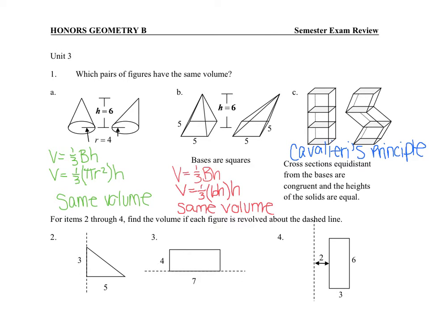And Cavalieri's principle says that given 2 solids that are included between 2 parallel planes, these being our parallel planes, if every plane parallel to the 2 planes intersects both solids in cross-sections of equal area, which is what it says here, then the volumes of the 2 solids are equal. So this one is also going to have the same volume.